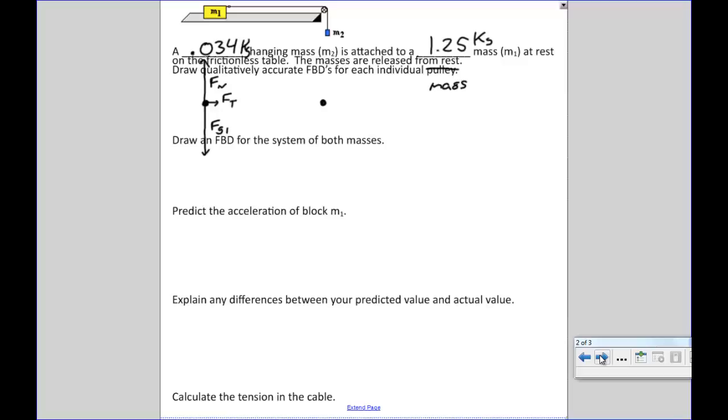And then for the hanging mass, we have a tiny force of gravity. Which way is this thing going to accelerate? Right and down. Right and down, so it's going to accelerate like that. I agree with that. So that means on mass 2, the force of gravity should be bigger than the force of tension. But the force of tension is equal on both because of Newton's third law.